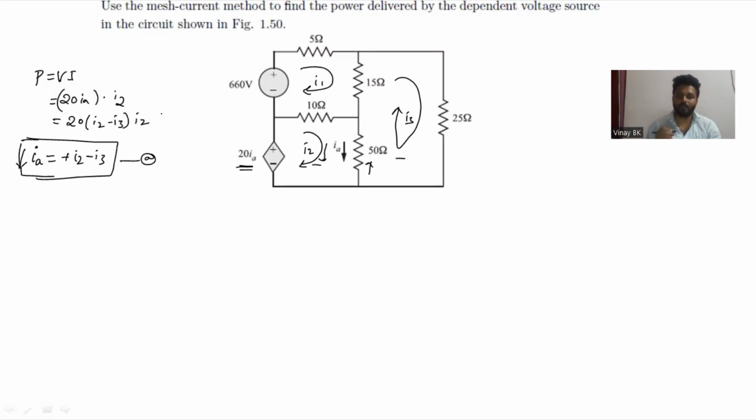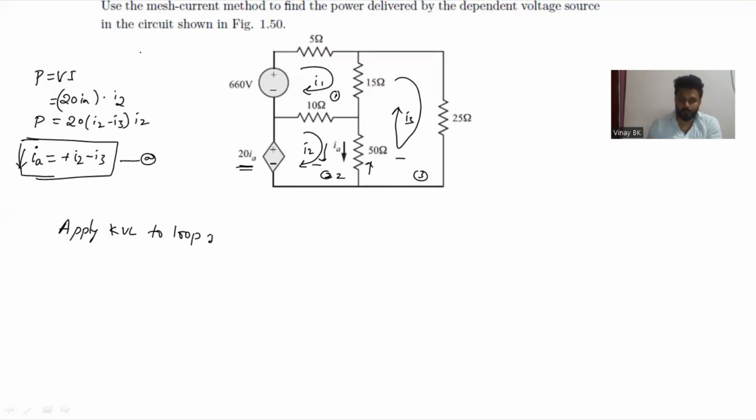You should know the values of I2 and I3 to get the power delivered by the dependent source. Without wasting time, this is the first loop, this is the second loop, and this is the third loop. Now I'll apply KVL to loop 1.